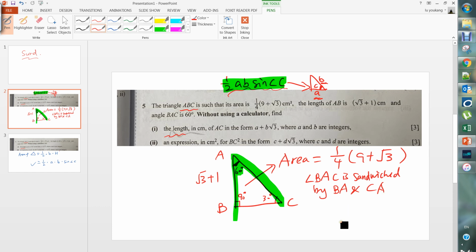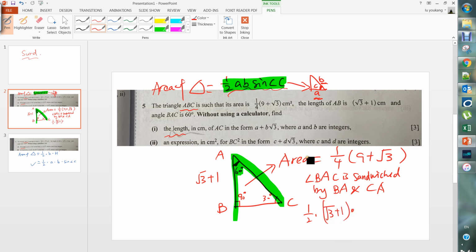So actually I can use the area of triangle formula above here. The formula is half times a. Which one is my a? BA is my a in this case, so square root 3 plus 1.